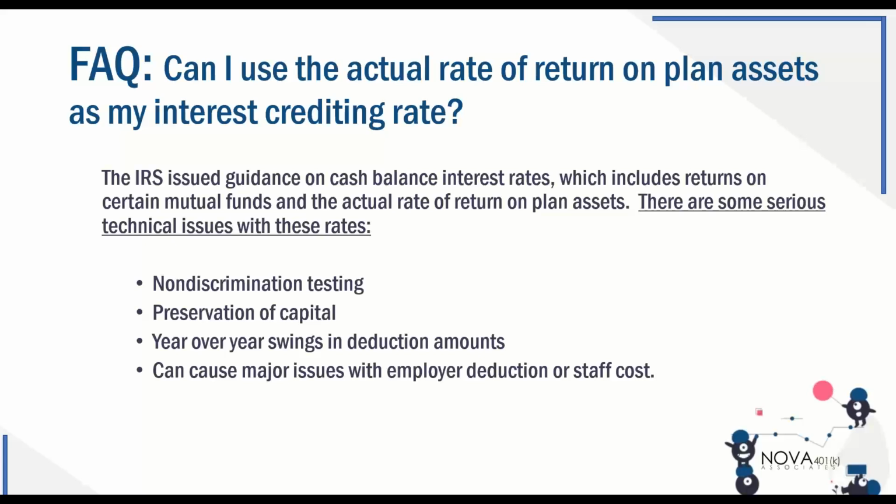And when we're doing this type of testing, having a variable rate is not helpful. If you want to talk about that more, you're welcome to schedule a call with a NOVA salesperson. We're happy to talk through that with you more. Ours is a practical viewpoint in that it doesn't work well with these kinds of plans.